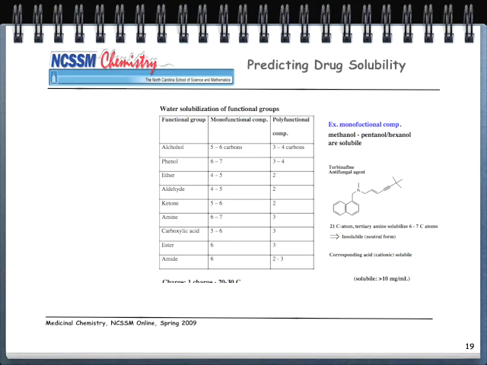Being that that's the only functional group that I see in this compound that is on this list, how many carbons is it capable of dissolving? Well, it can dissolve either 6 or 7 carbons. I'm going to take the higher number, and I'm going to say the amine is capable of dissolving 7 carbons.